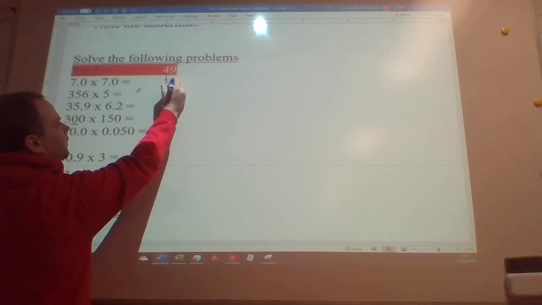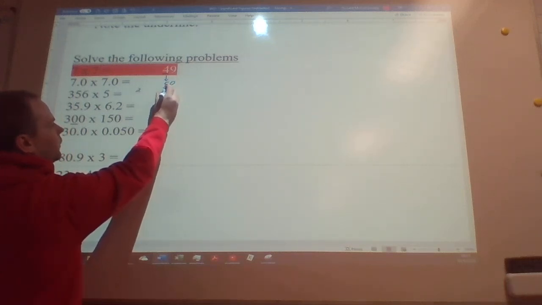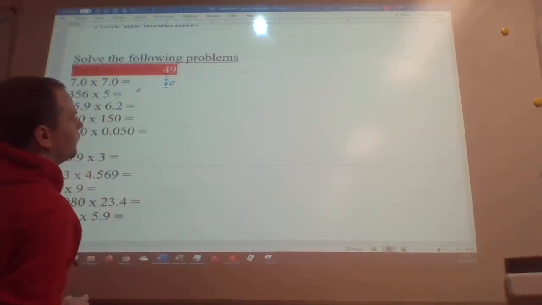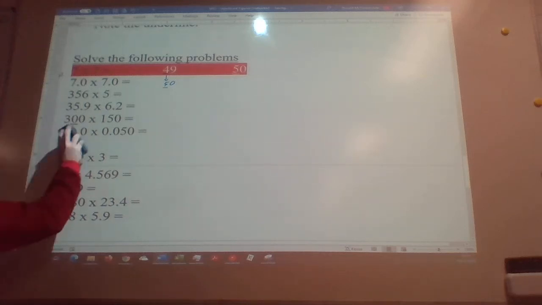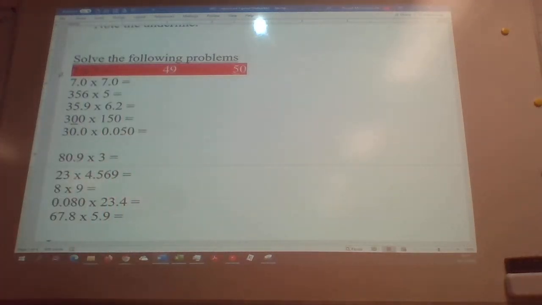The rest of these become zeros. We have only 1 sig fig, so we have to underline the last one. So that would be 50. Whereas 7.0 times 7.0, we have 2 digits in both of those numbers, 2 sig figs, so that would stay as 49. And we don't have to round anything because we've got the correct number of sig figs.